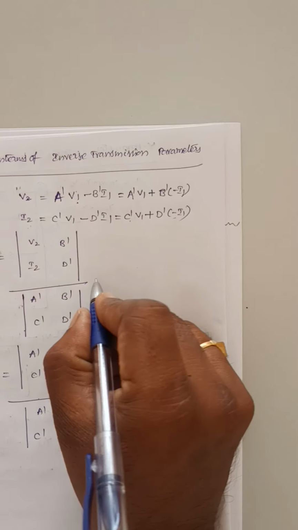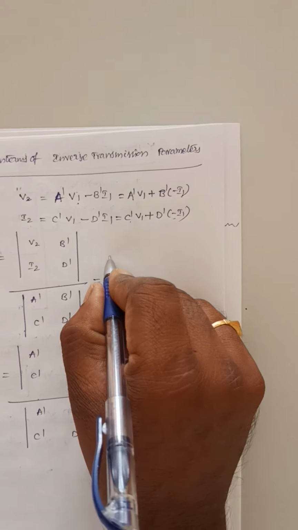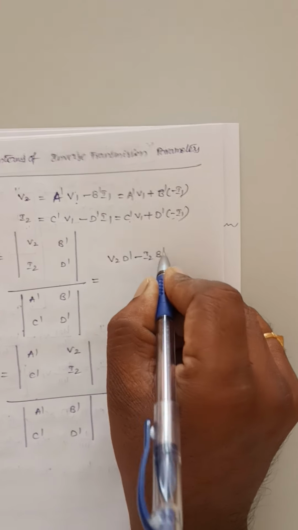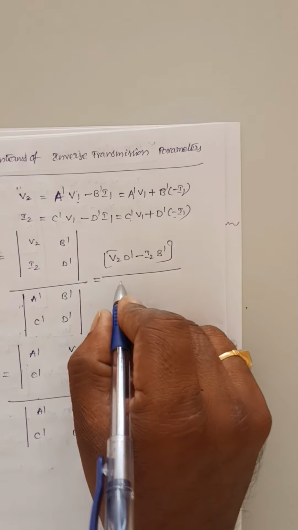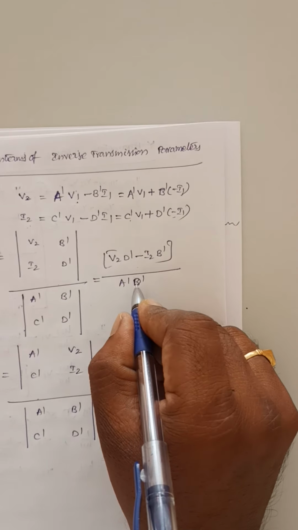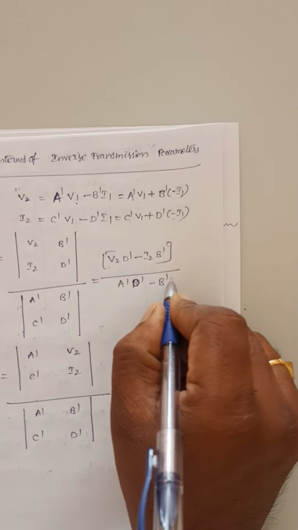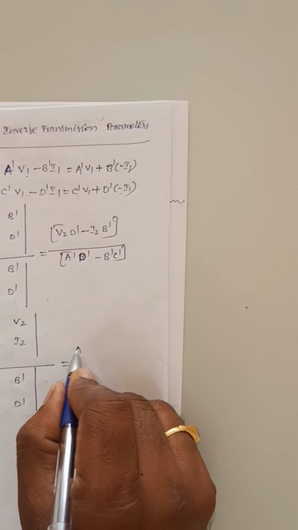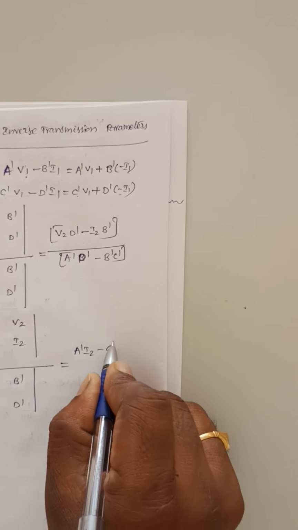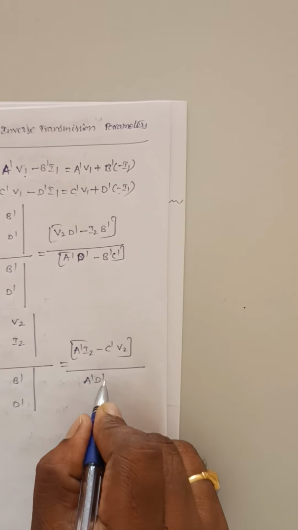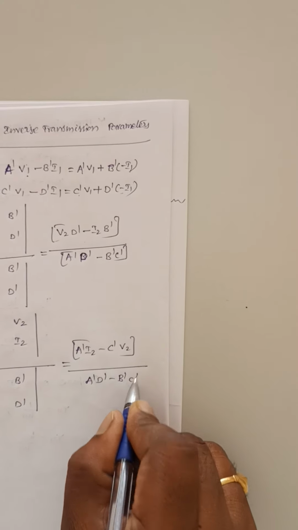From this you write here v1 is v2 d dash minus I2 b dash divided by a dash d dash minus b dash c dash. This is equal to a dash I2 minus c dash v2 divided by a dash d dash minus b dash c dash.